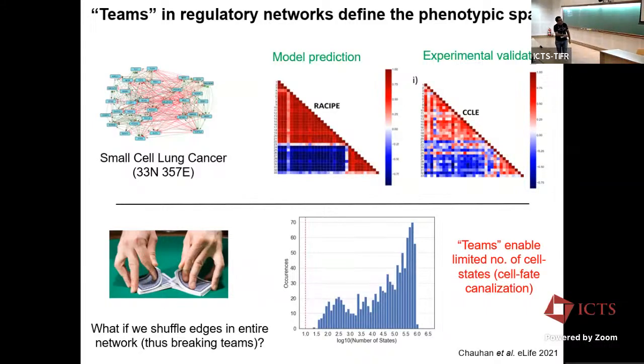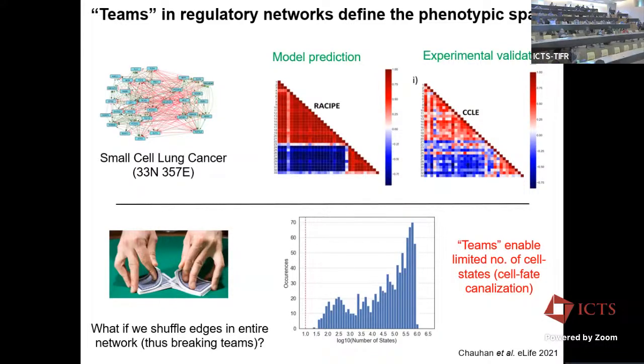The mean lies around 10 to the power 5, which is what we had expected earlier, that with such a high dimensional space, you'll get many, many solutions. And we show later that this happens because of the presence of teams. If you do not have teams, you will not see such huge dimension reduction from 2 to the power 33 to 2 to the power 2.